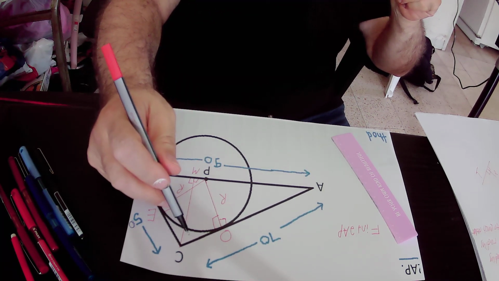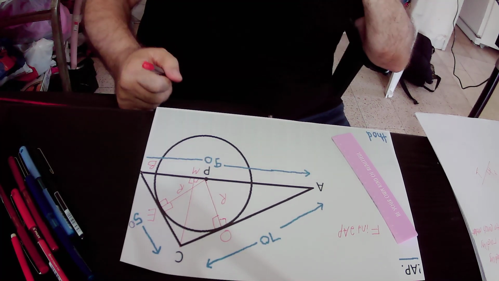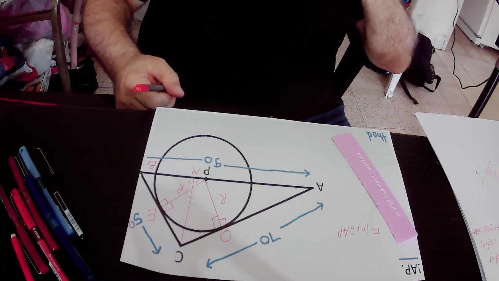For that reason, triangle CMA is also a right triangle.